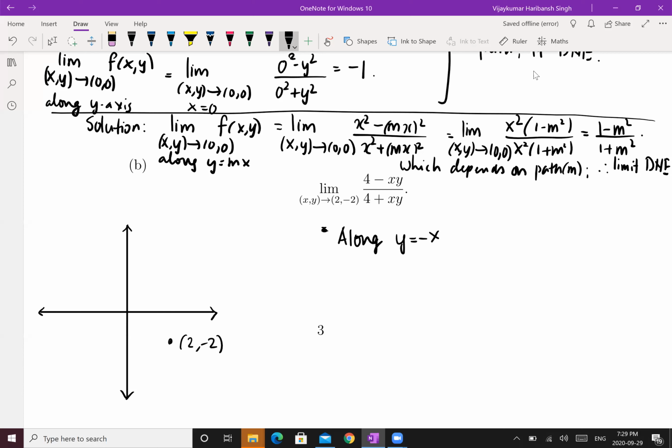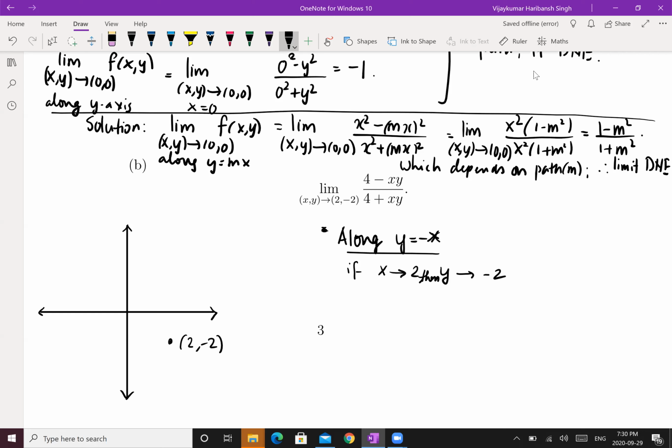Clearly, if x goes to 2, y goes to minus 2. So let's try to go along this path.